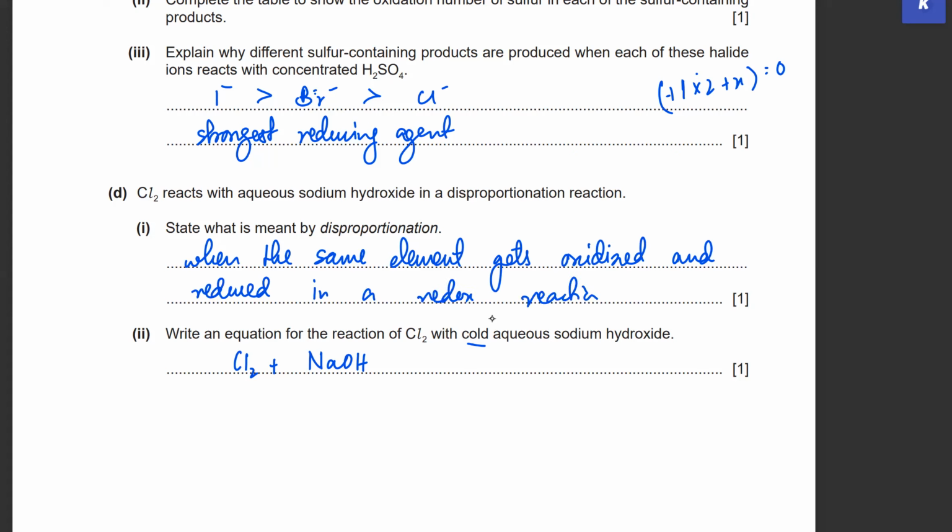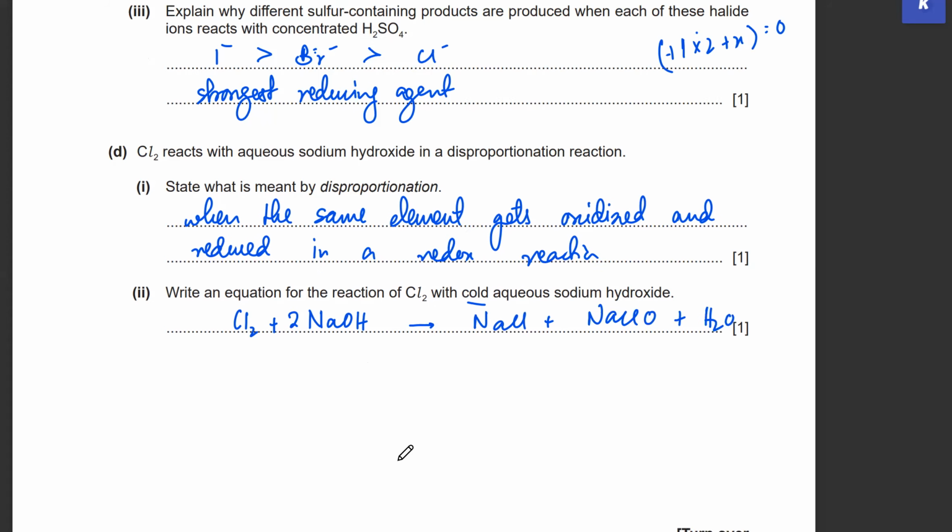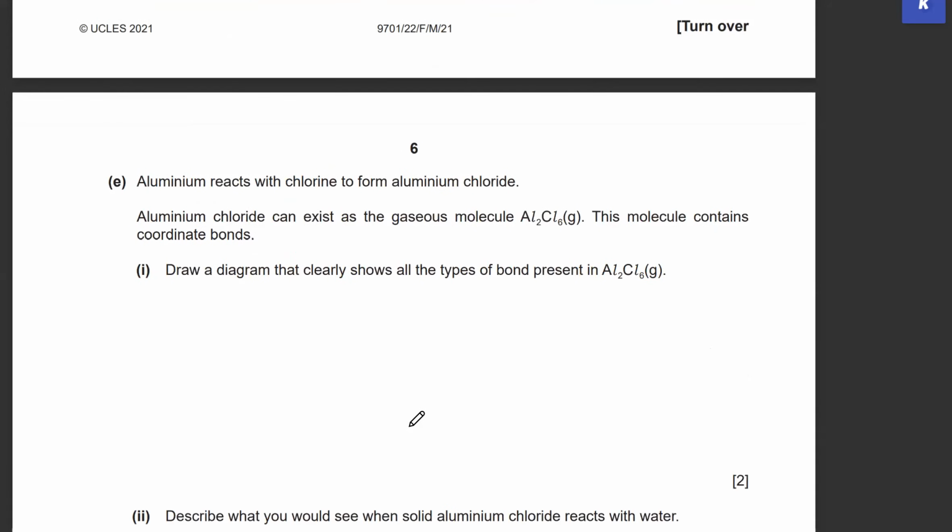And he's asking us to copy the same equation. With cold NaOH, it's going to be NaCl plus NaClO plus water. And you can balance this. This is going to be 2 NaOH. That's it. So make sure you remember this.